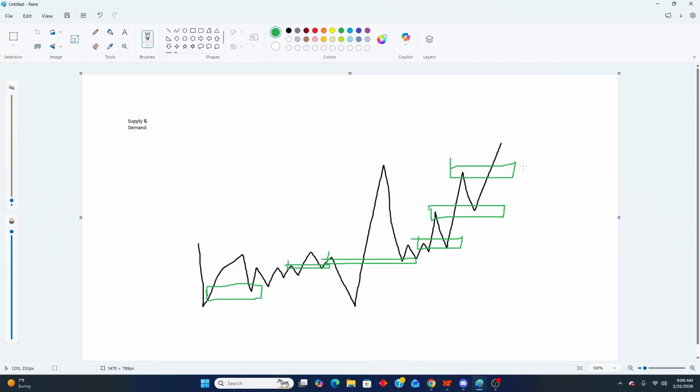Step one, identifying the strong move. I only care about zones that cause an explosive move, not slow grinding price. The reason is because it shows volatility, people in the market actively trading.